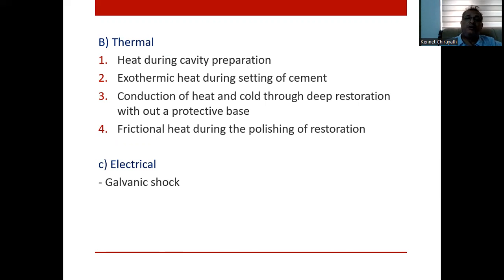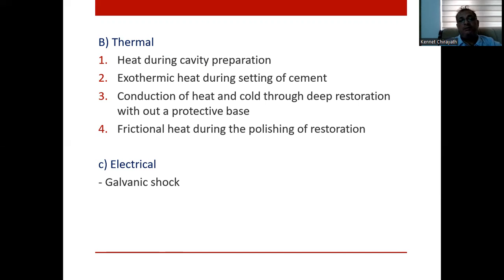Then frictional heat during polishing of the restoration, especially composite and amalgam, where heat can be produced during rotation of the disc. All these result in thermal injury.